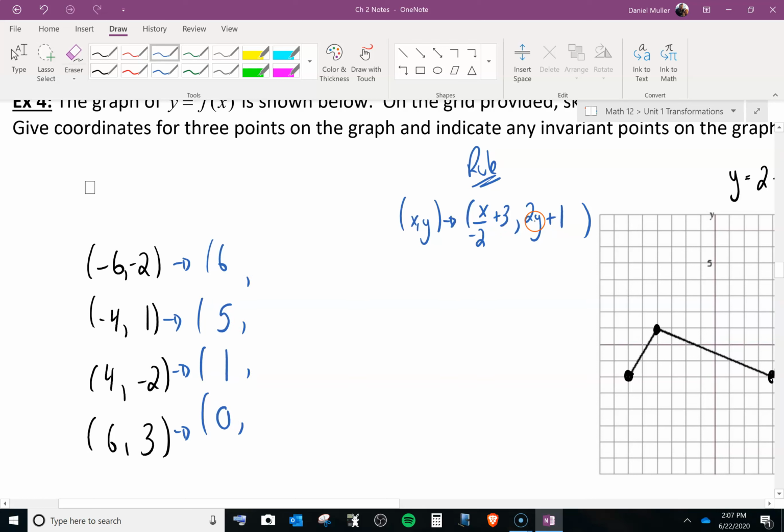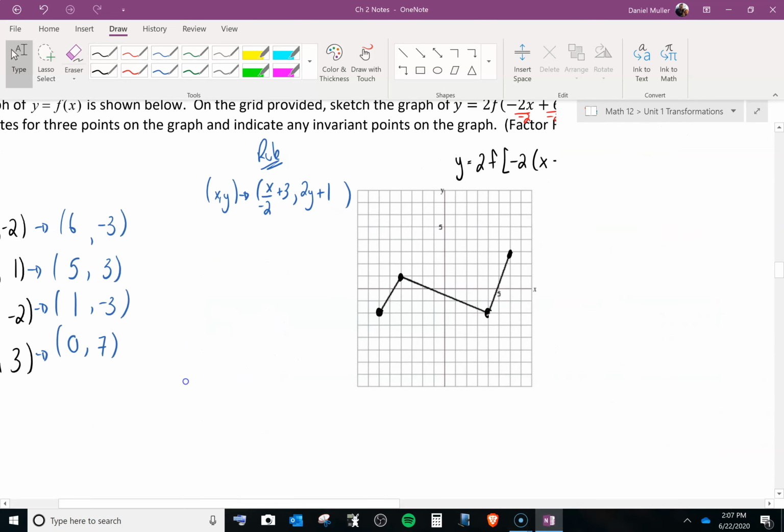And my y's, -2 into here is -4 plus 1 is -3. And put 1 into here, 2 is 2. 2 plus 1 is 3. Put a -2 into here, so you get -4. -4 plus 1 is -3 again. And lastly 3, so this becomes a 6. 6 plus 1 is 7.